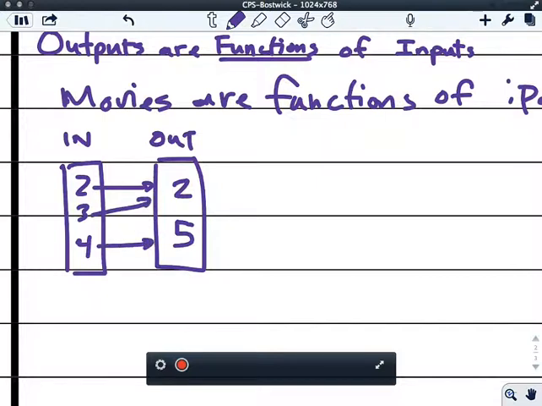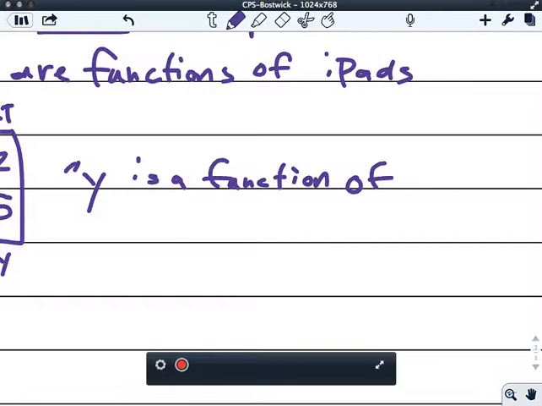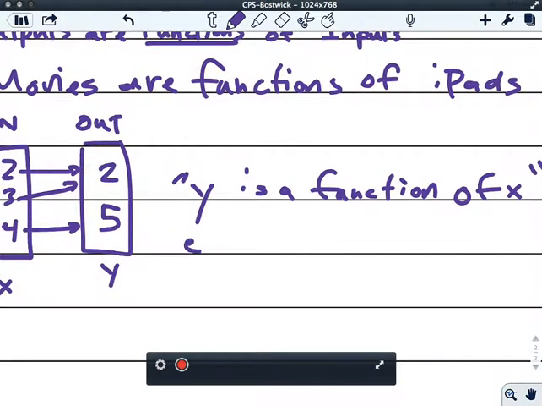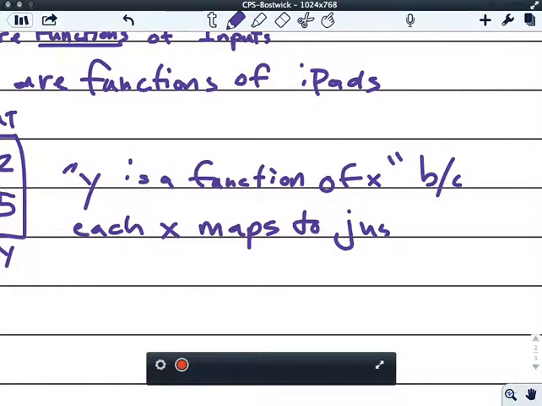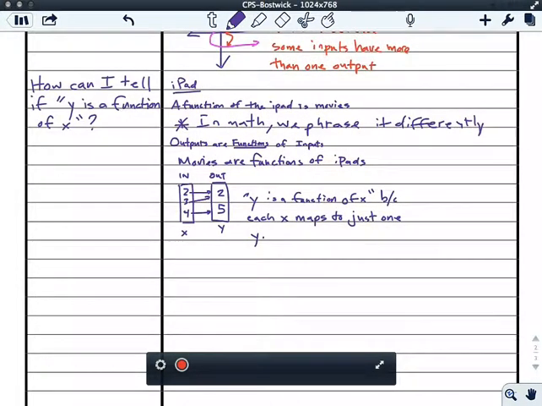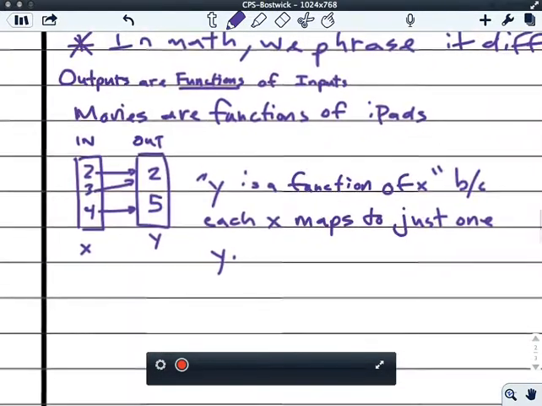And so if this is my y variable, and this is my x variable, y is a function of x because each x maps to just one y. All right, and so you can say y is a function of x just when y is the output and x is the input.